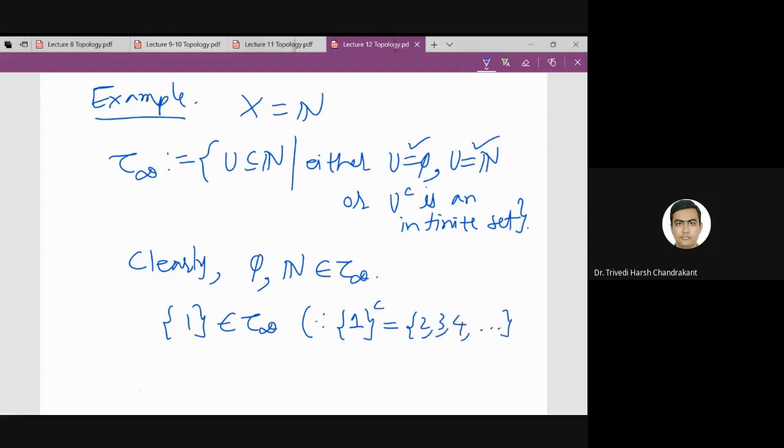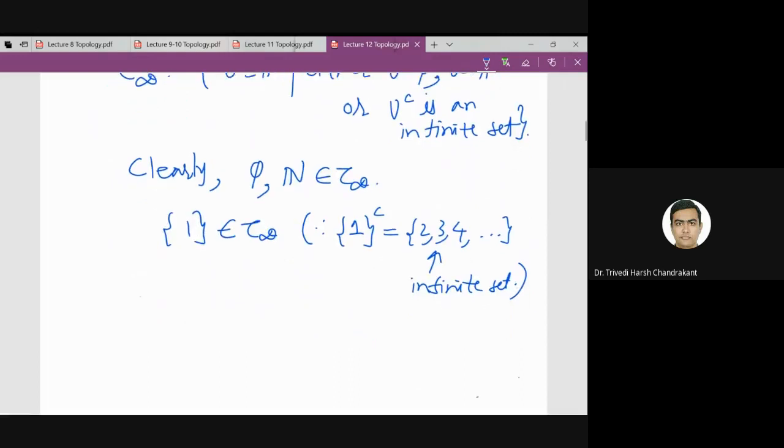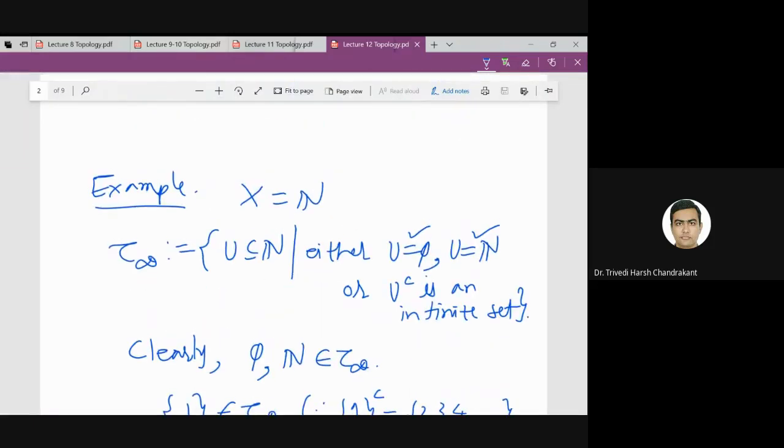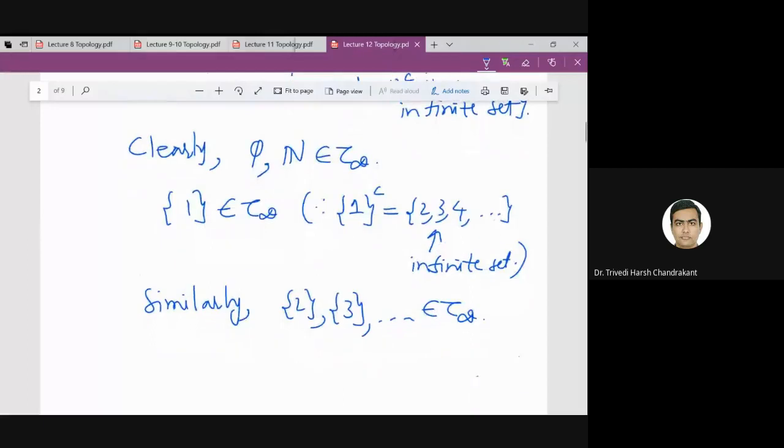So the set of natural numbers minus singleton 1, that is 2, 3, 4, all these numbers. So this is an infinite set. Right? So therefore 1 belongs to tau infinity. Similarly, singleton 2, singleton 3, all these elements belong to tau infinity. So actually we should write tau infinity of N, because we are basically taking X equal to N. So all the singleton sets belong to tau infinity.